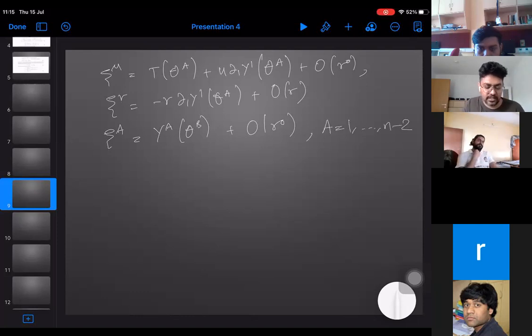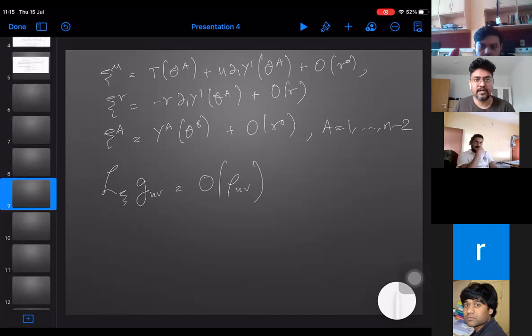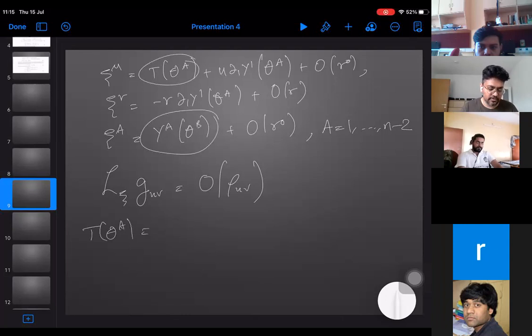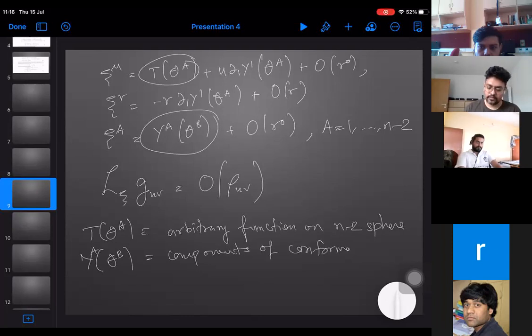These factors you can find by using your Killing equation, which is given by this, of the order of some factor. By using the metric and plugging it in, you get back this, where your f and theta a are some arbitrary function on the n minus 2 sphere, and your y theta a b are the components of the conformal Killing vector on the n minus 2 sphere.